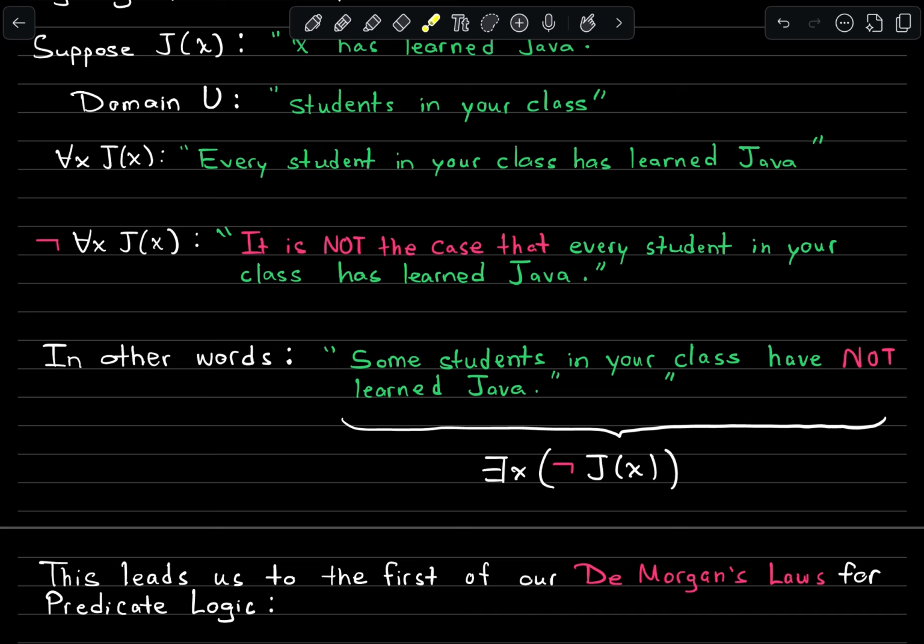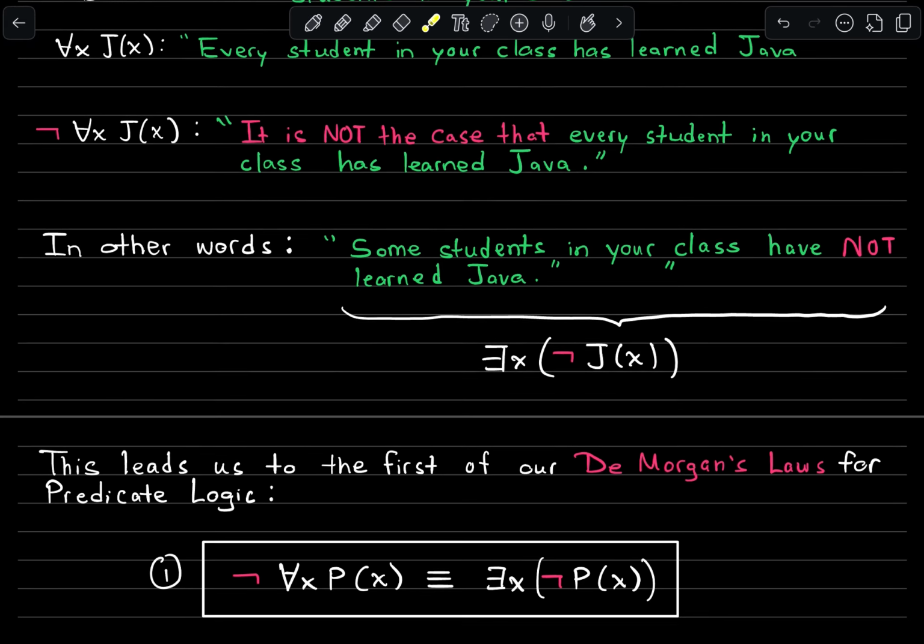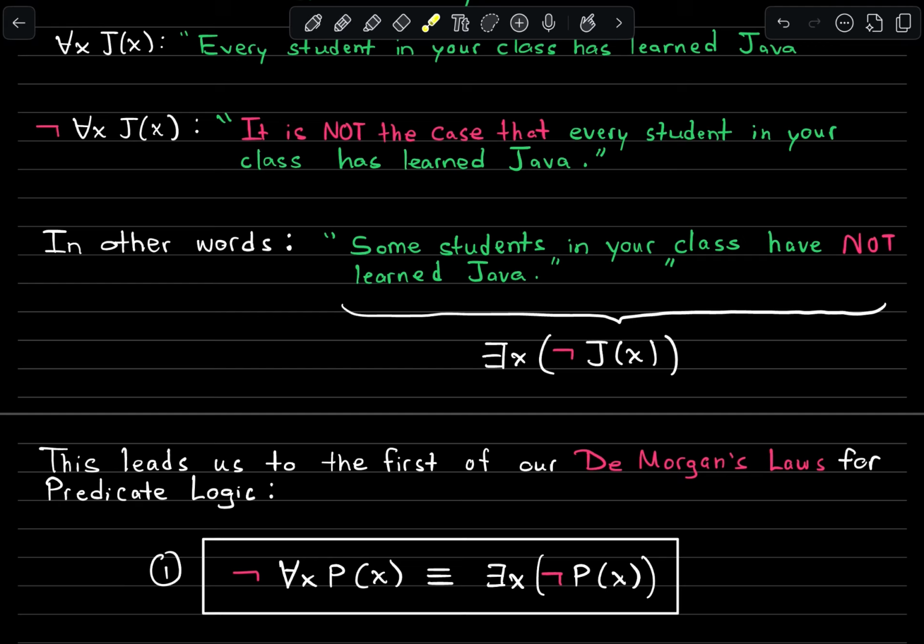If you remember, De Morgan's law from last time was talking about negation of a conjunction and negation of a disjunction, how we can distribute that and flip the values of the disjunctions and conjunctions, right? We can swap from one to the other. Same sort of thing is happening here. We're taking this negation and putting it within the quantifier. By doing that, the quantifier is changing, and the negation is applying directly to your propositional function. So in general, this law is the negation of the universal quantifier of P of x is equivalent to the existential quantifier of the negation of P of x.